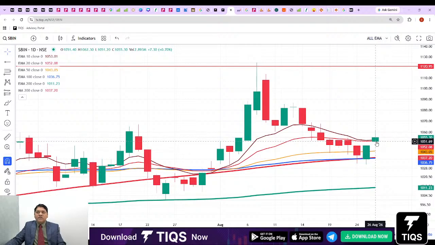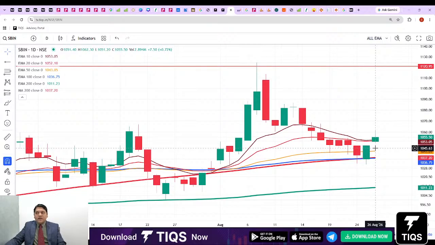The 20-day EMA is 1052. So if it is closing below 1052, that is, the short-term moving averages are closing above the price, then momentum will be weak again, and the trend from a short-term point of view will be down. So right now it is not in a very good state, but it is still supporting Nifty and Bank Nifty because right now the momentum is up.